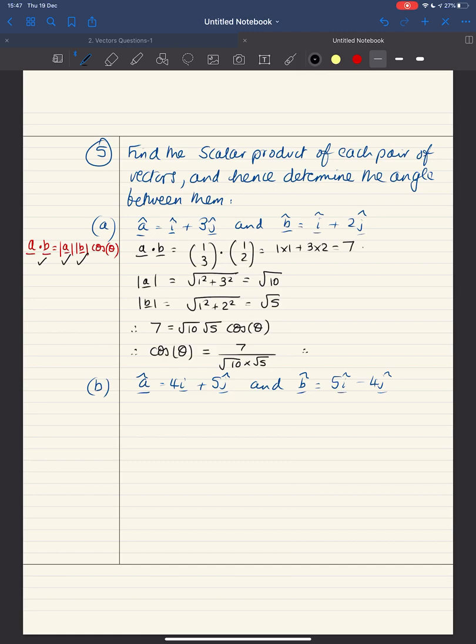I think this has already been done here. We can get theta is cos inverse of 7 over root 10, root 5. And then when you do that on your calculator, it's 8.1 degrees.